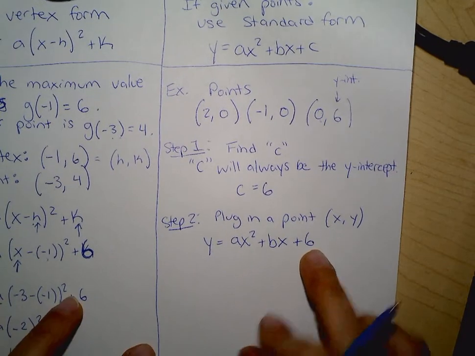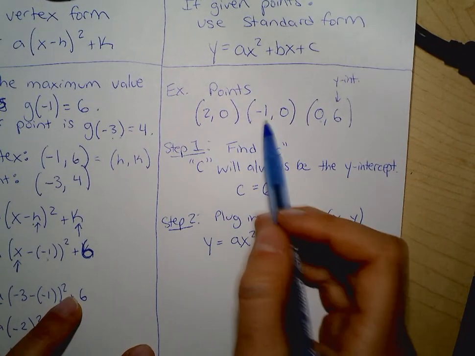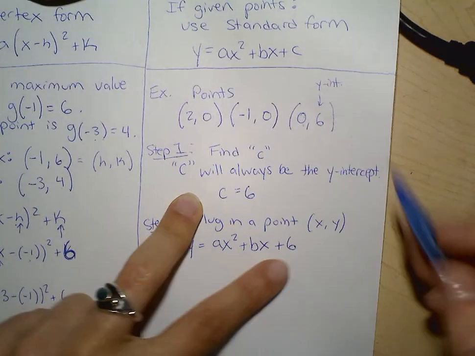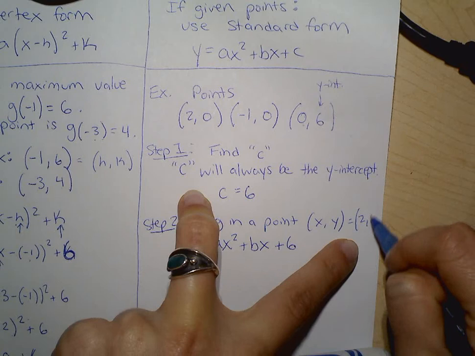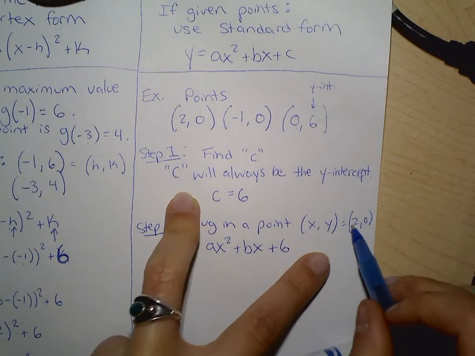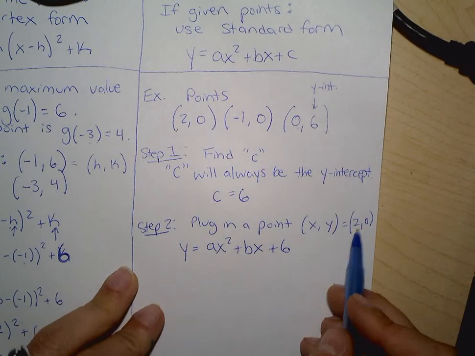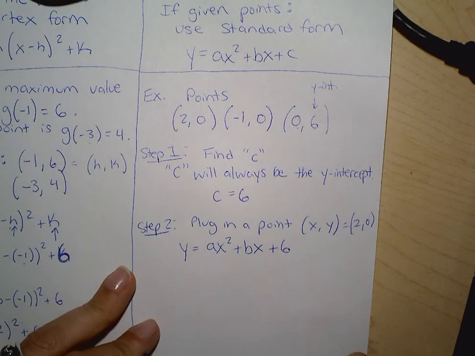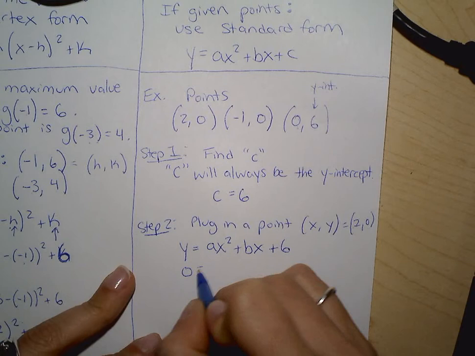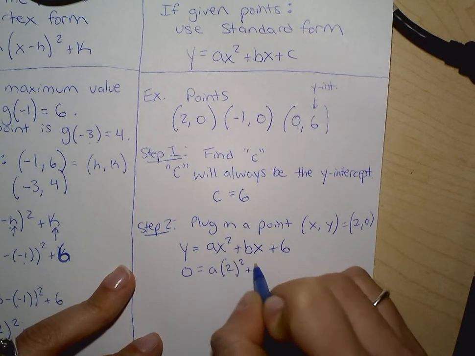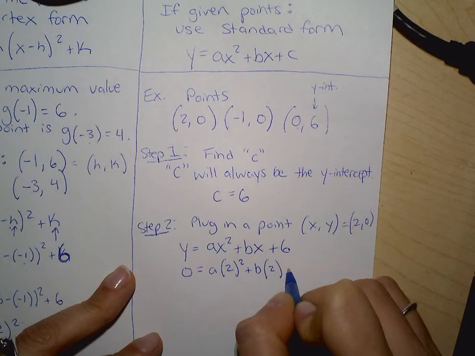And choosing a point randomly, it doesn't matter which one that you choose, I'm going to choose the (2, 0). So that means x is 2 and y is 0. So I'm going to plug in 2 for x and 0 for y. So 0 is equal to a times 2 squared plus b times 2 plus 6.